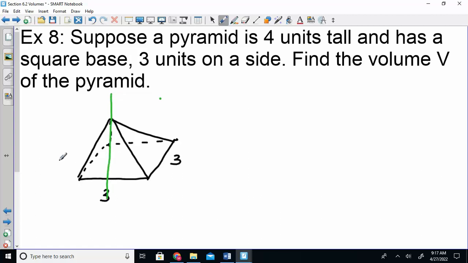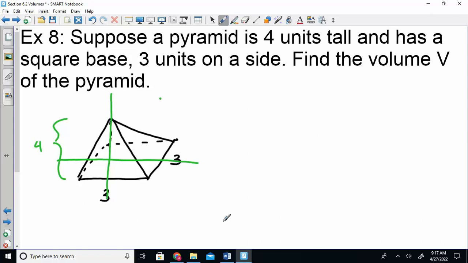So that's my y-axis, and it's sitting on the x. Okay, so the height of this thing is 4. I know that's a horrible picture, but bear with me.